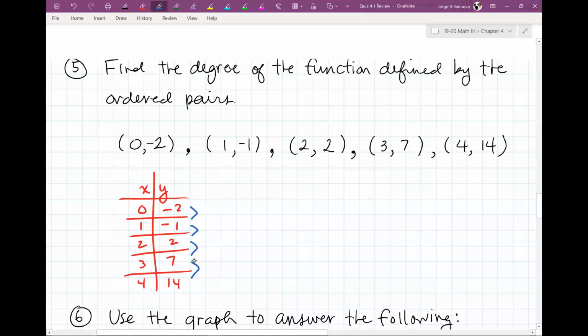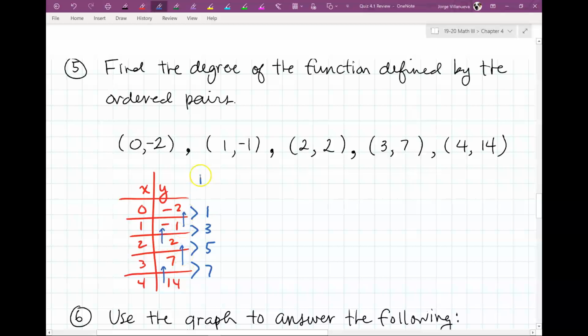So -1 minus -2 is equal to 1. 2 minus -1 is 3. 7 minus 2 is 5, and 14 minus 7 is 7. I'm basically just subtracting like this.